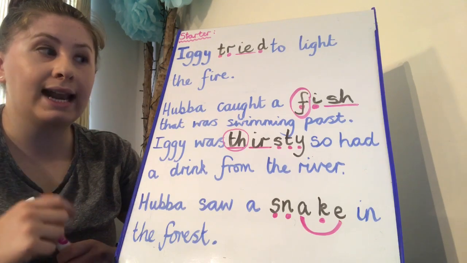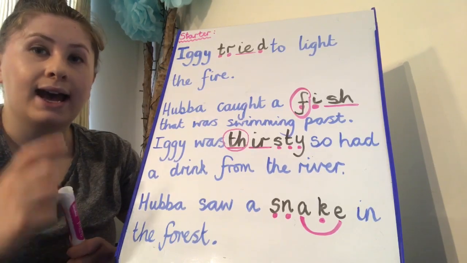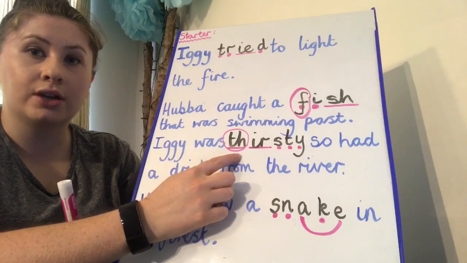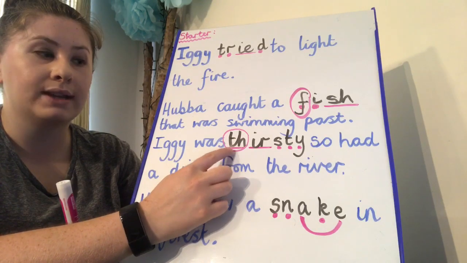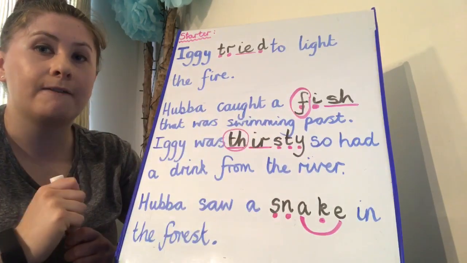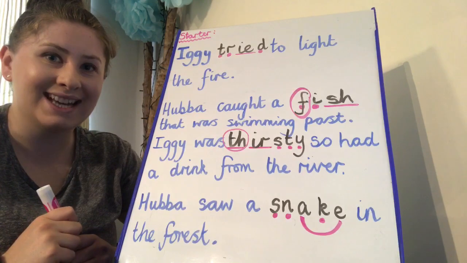By saying the word aloud, we can hear and we can feel where our front teeth are sitting in our mouth. If they're sitting on our tongue, then it's with our TH. And if they're sitting on our lip, it's for our F. Let's move on to the next part of our lesson.